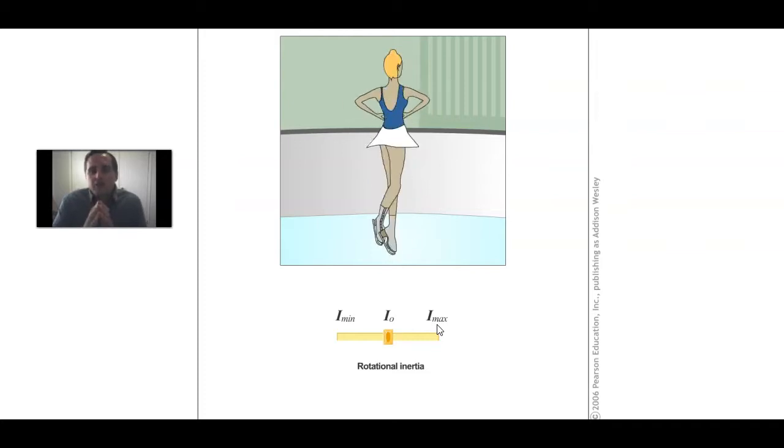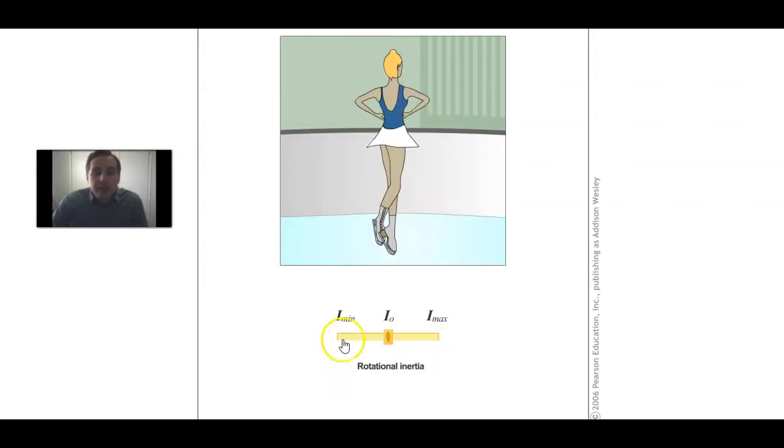All the torques are internal. So the ice skater is not going to drag her skate against the ice. That would be an external friction or an external torque. She is only going to perform internal torques, but those internal torques are going to come from her moving her arms. Thus, her muscles are going to change her rotational kinetic energy.